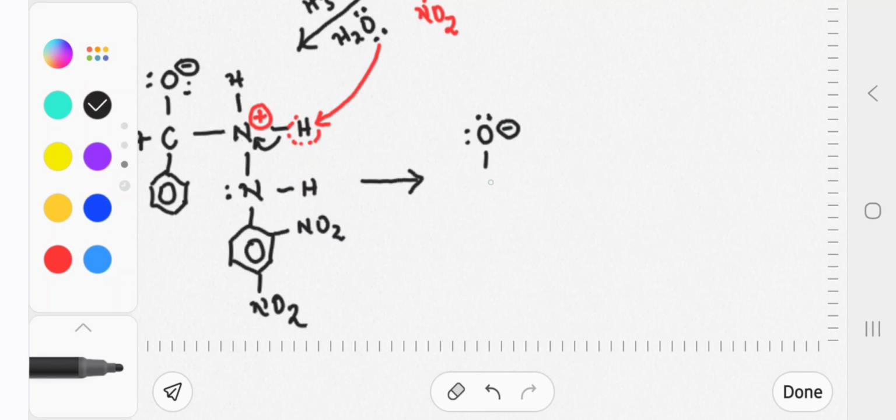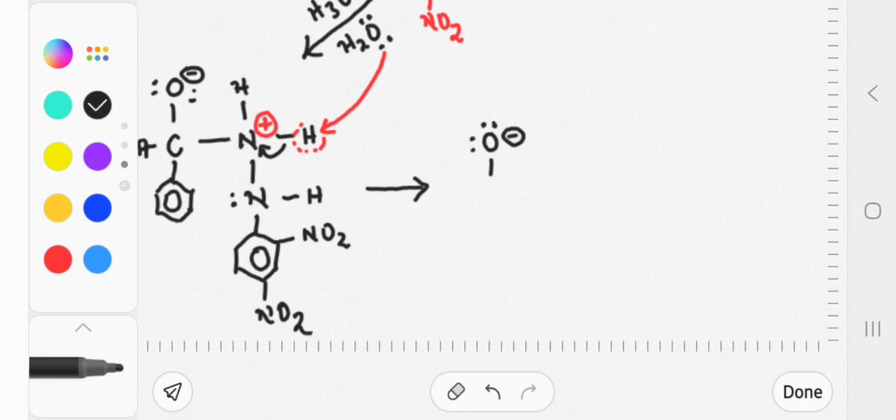Then I have it to the carbon, as you can see here. So I have carbon, I have this hydrogen, there's hydrogen here. Then downwards I have the ring, as you can see. I have the ring, then this bond to nitrogen.